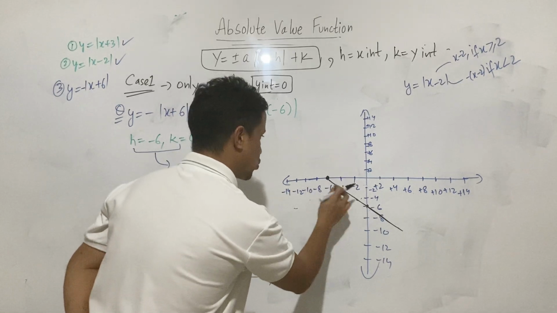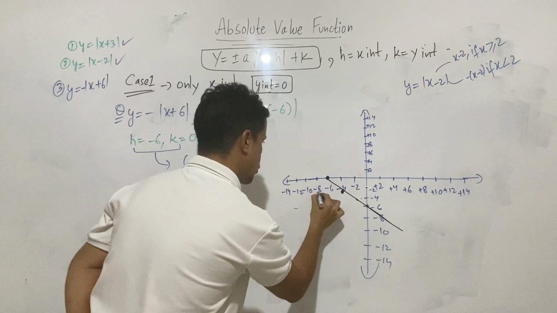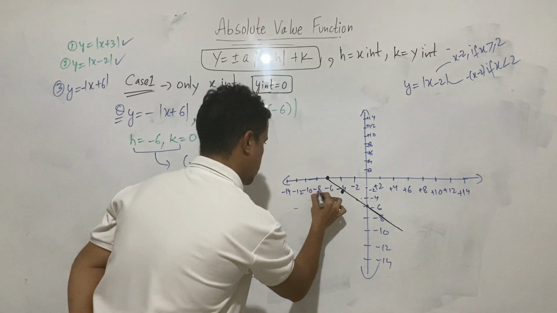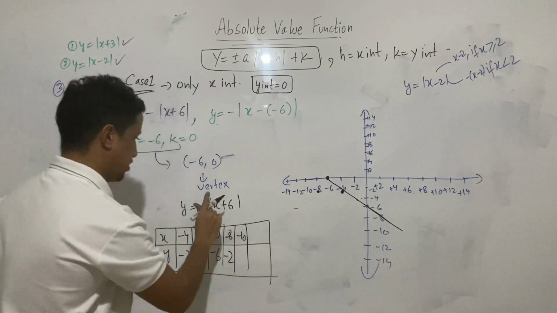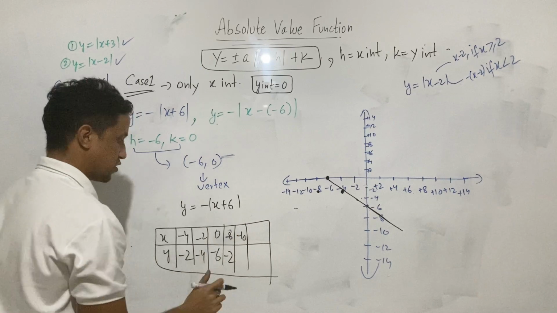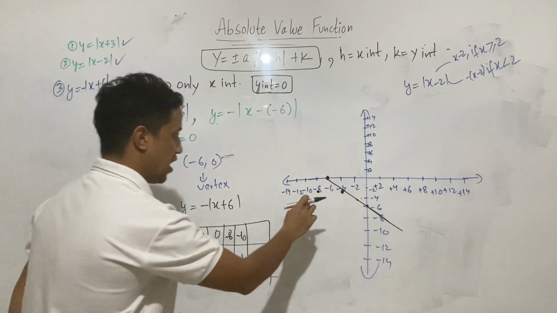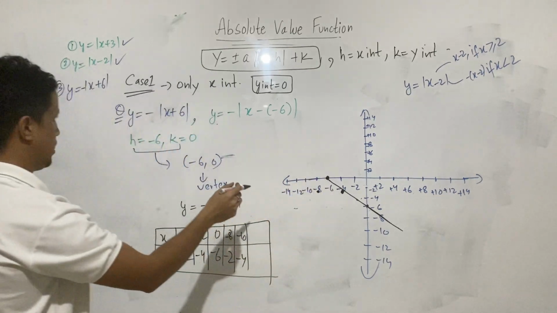I've told you it's going to be the reflection of this. Minus 8, minus 2 here. Then minus 10: minus 10 plus 6 is minus 4, so negative 4. See, minus 4. So it's going to be here.